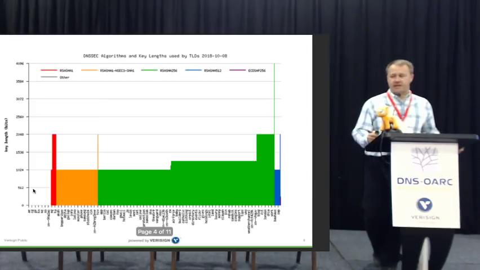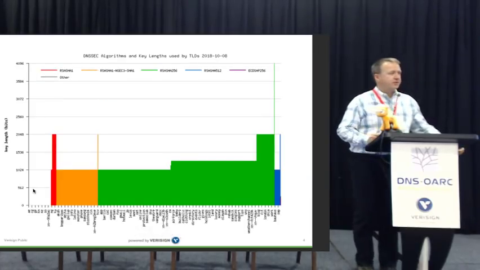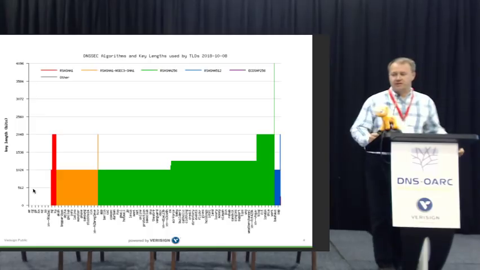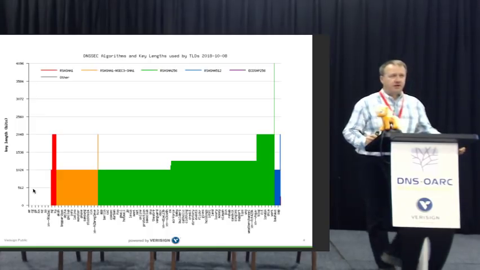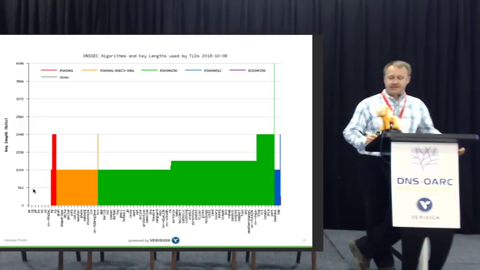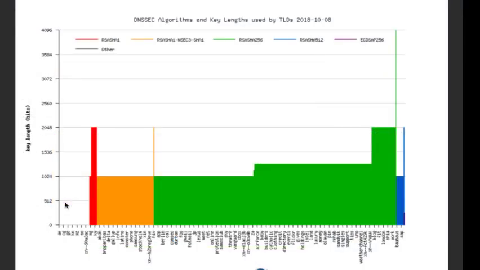Okay, so ZSK length increase. This graph shows all the TLDs spread out on the horizontal axis, and they're grouped by colors, and the height represents the length of their keys. So you can see way over on the left, there's a few TLDs that are not signed at all at this point.